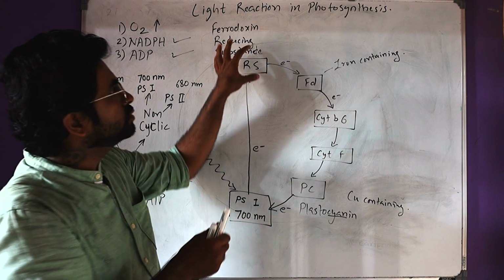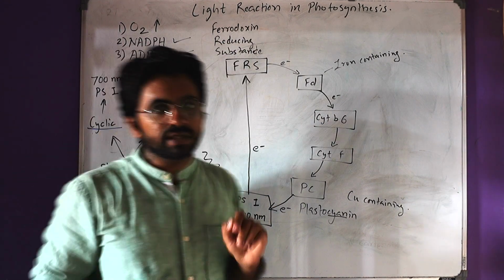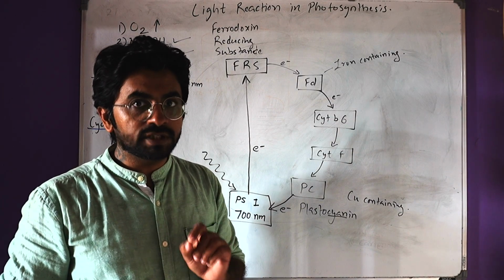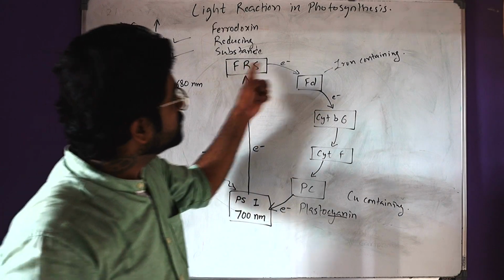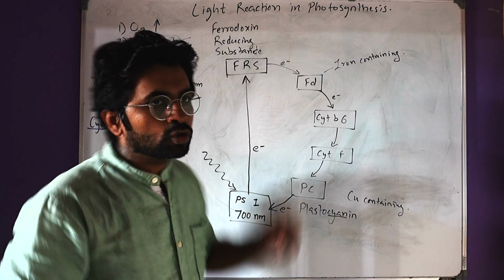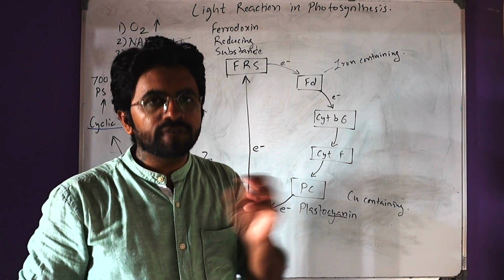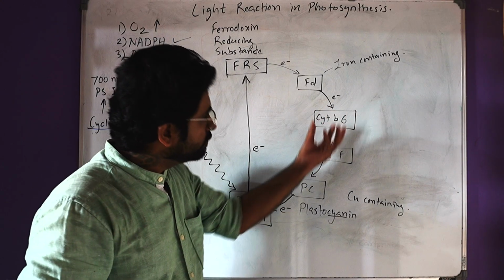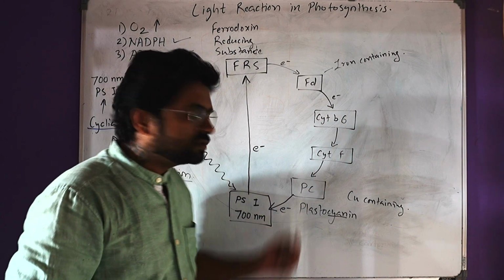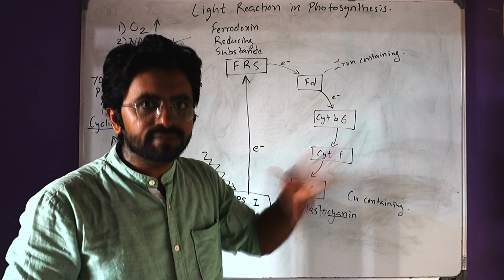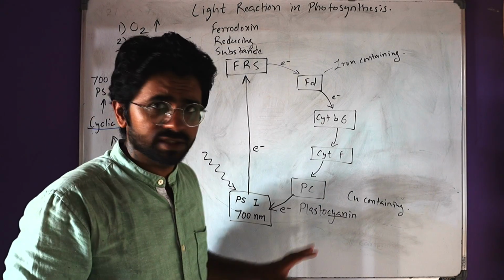So right now here at FRS, the electron has maximum amount of energy. But when it travels further, every step will cause loss of some amount of energy. When it comes down to plastocyanin, the electron will have the least amount of energy because there has been loss at each and every stage.